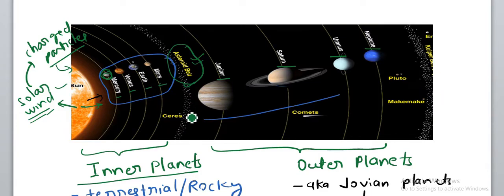In the past there was some planet orbiting between the orbits of Mars and Jupiter, and this planet was destroyed by the collision of some other asteroid and resulted in the formation of this asteroid belt, right? So we will discuss asteroids, meteoroids and comets as well.